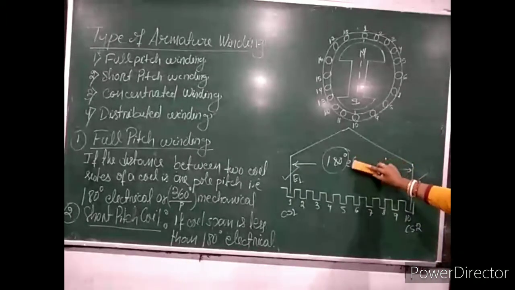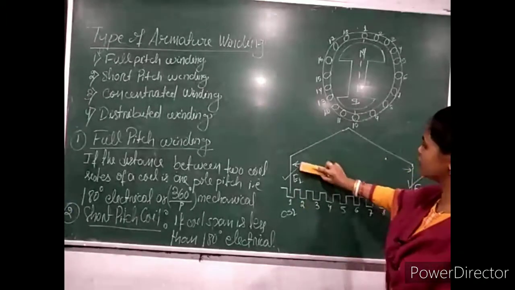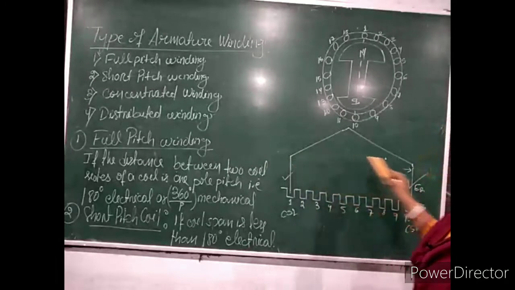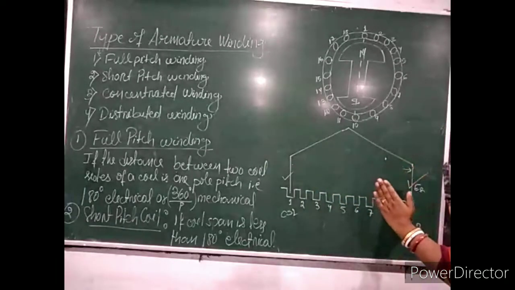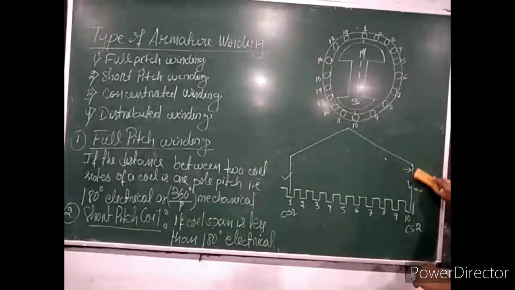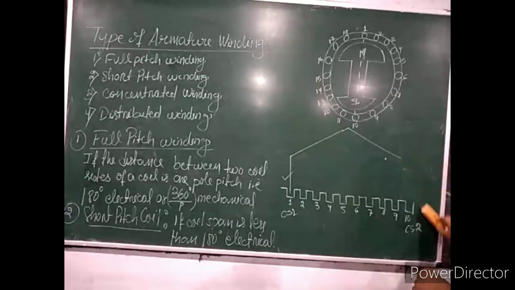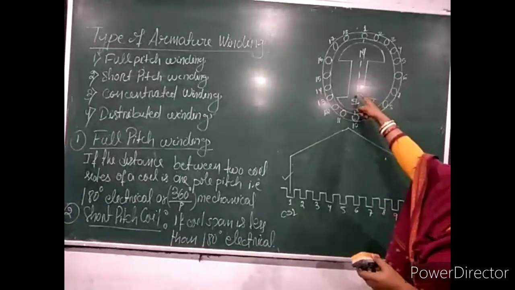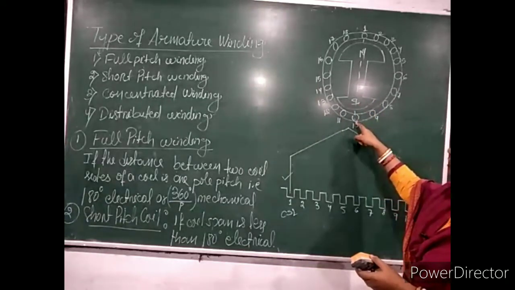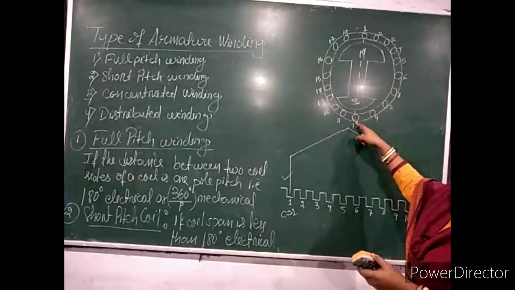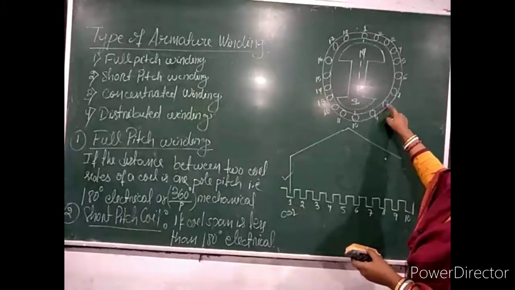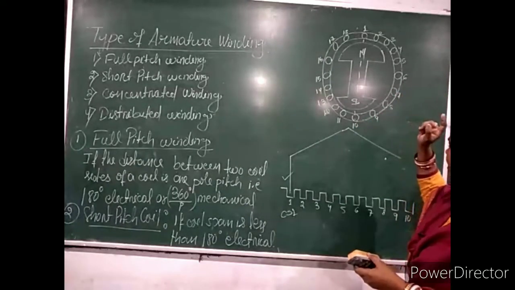Let us see how you define short pitch in this example synchronous machine. Short pitch coil means the coil span between these two coil sides is less than 180 degree. So instead of placing coil side 2 in the 10th position, I place it either in 9, 8, 7, anywhere.